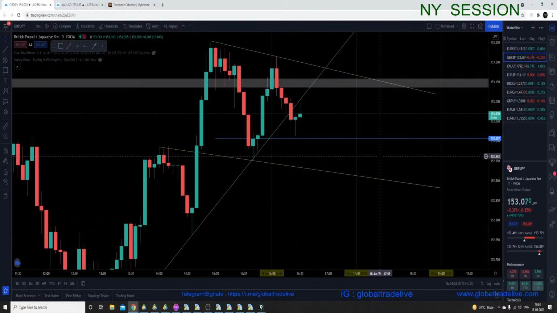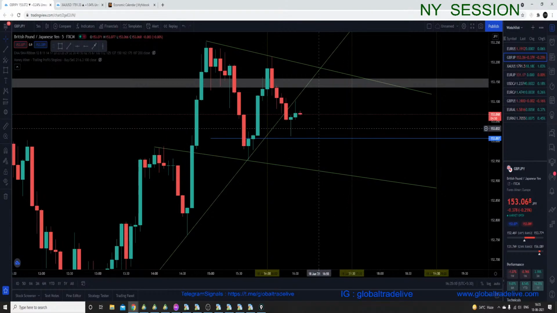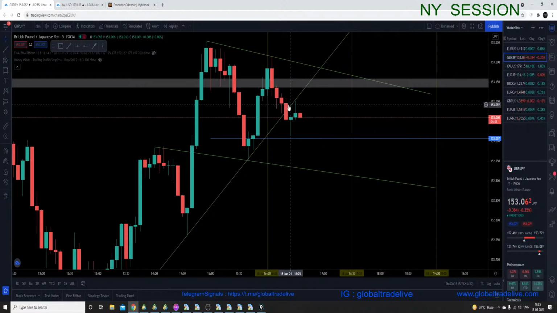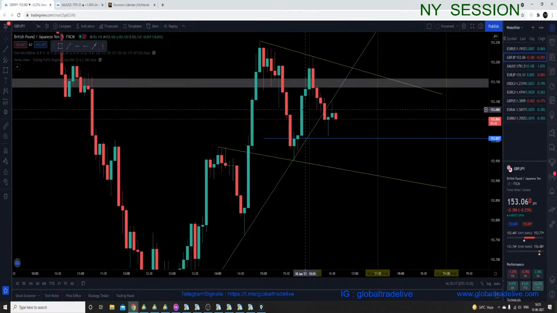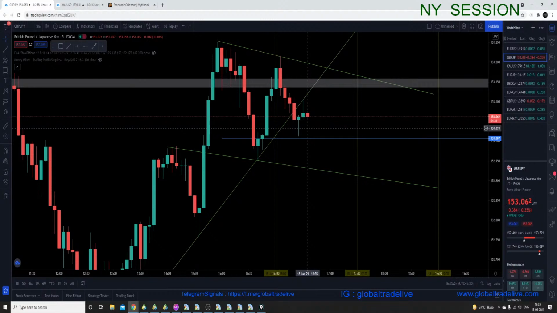Okay, so I'll see. Now we need another resistance to be formed here. So if that happens, and if a candle starts to go all the way down, then we can just hold on a sec.